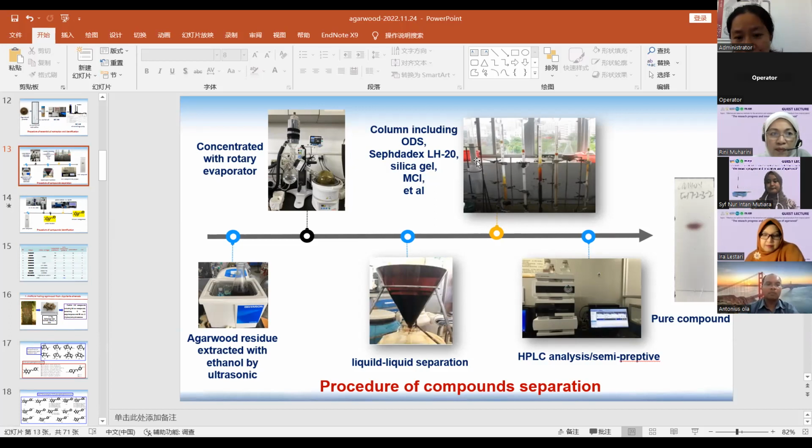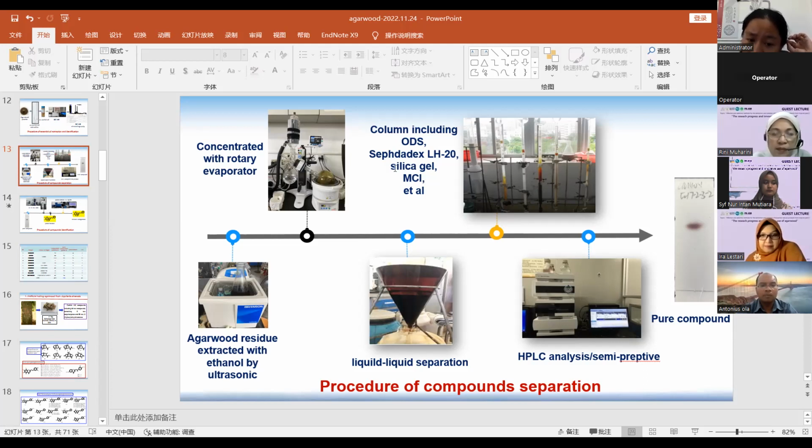At the beginning we want to separate not so detailed, but quickly, one part and one part. And do you mean VLC? Oh yeah, VLC. Sometimes we also use ODS when the amount of sample is not so large, so we use ODS for the VLC first.